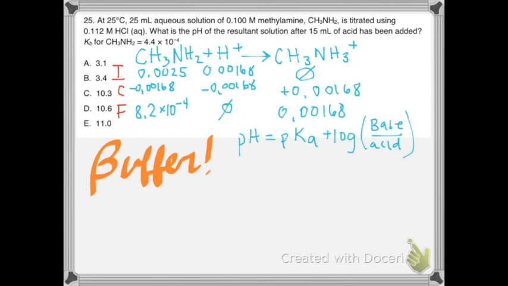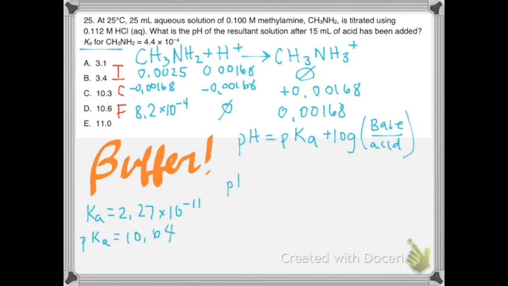But we need our pKa. They gave us Kb. We can find Ka using water, as we've done a number of times through this exam. And then we can get pKa to be 10.64.